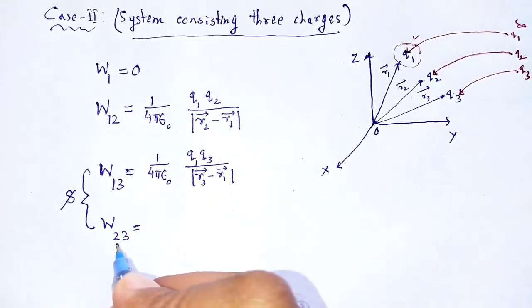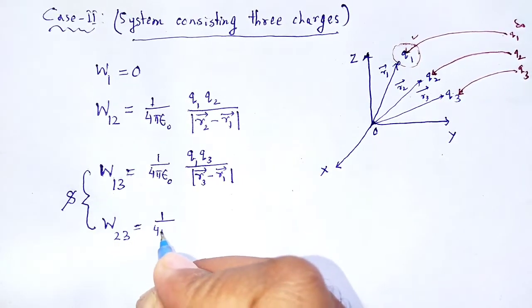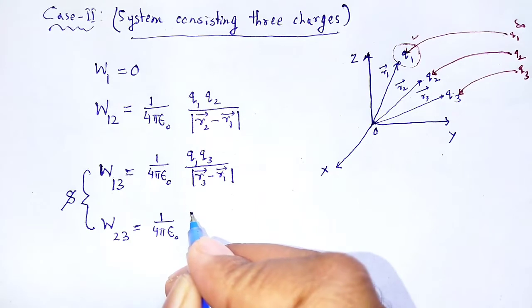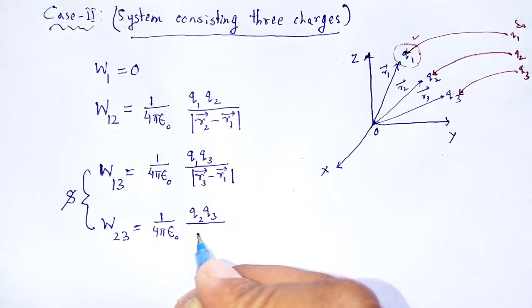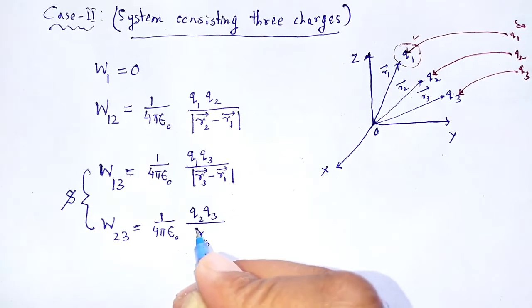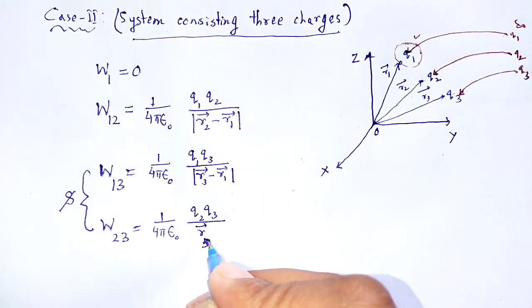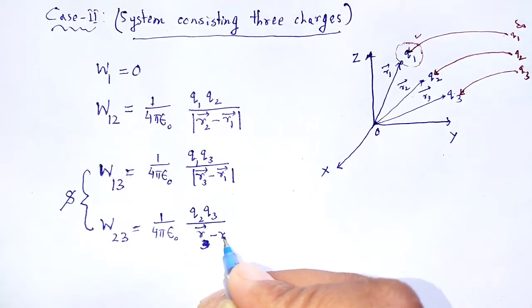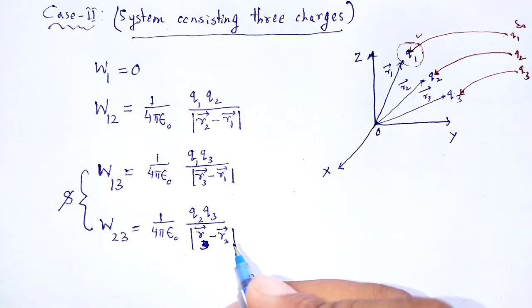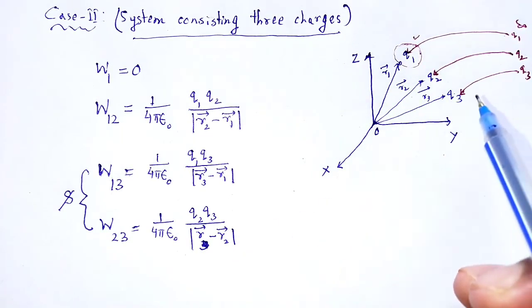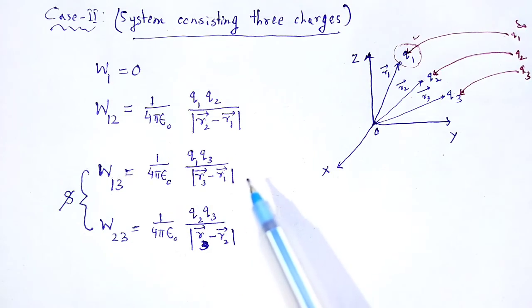Again W23, due to the charge q2, is 1 by 4 pi epsilon naught q2 q3 divided by the magnitude of r3 minus r2. These are the total work done.